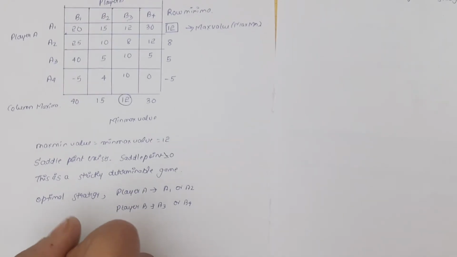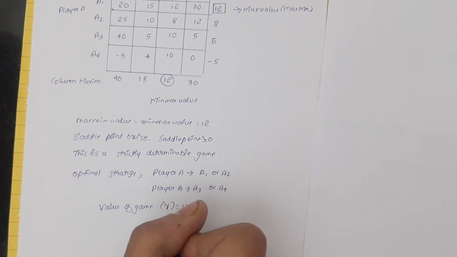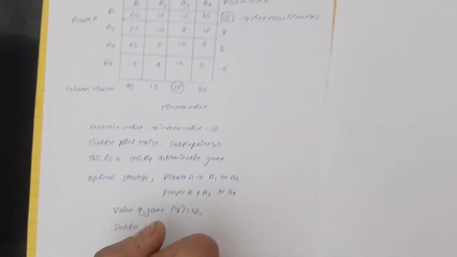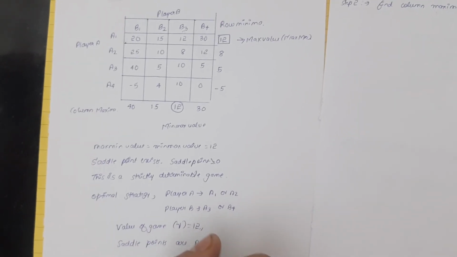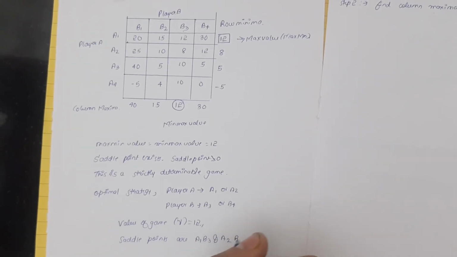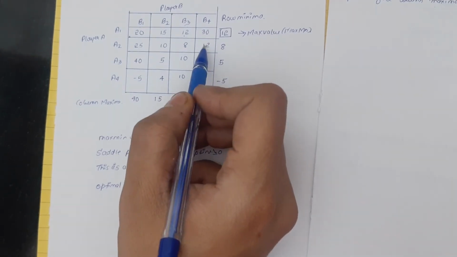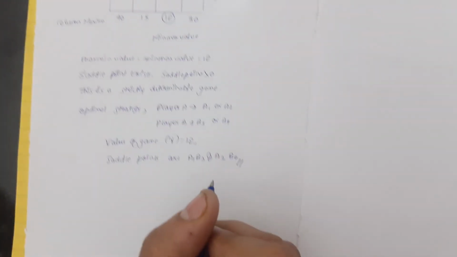So from this the value of the game is 12, and the saddle points are A1 B3 and A2 B4, that is A1 B3 that is 12 and A2 B4 that is 12. So we need to mention these particular steps so as to obtain 100% mark.